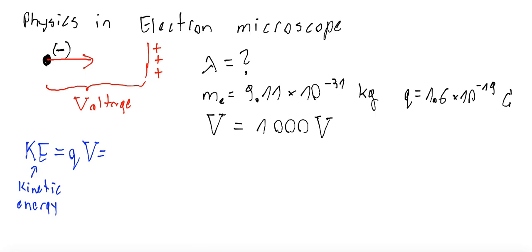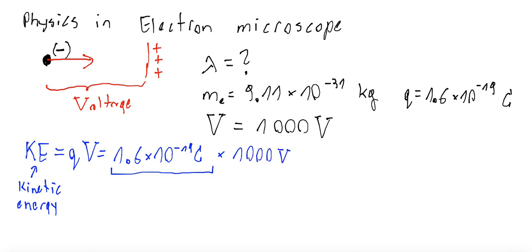So first, what you have to do is calculate the kinetic energy of the accelerated electron. So 1.6 times 10 to the power of minus 19 coulombs, which is a charge, multiplied by 1000 volts, which is a potential difference. 1.6 times 10 to the power of minus 19 times 1000 is 1.6 times 10 to the power of minus 16 joules. The joule is a unit of energy, as you know from middle school.